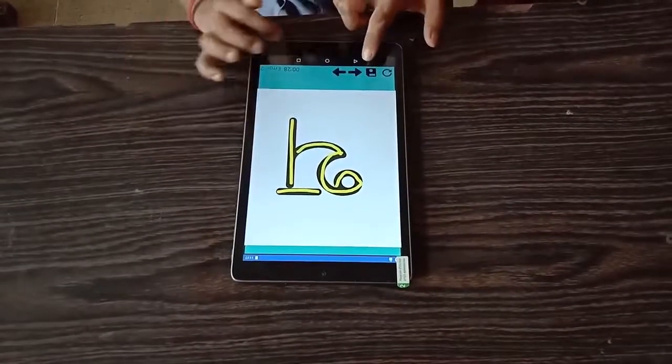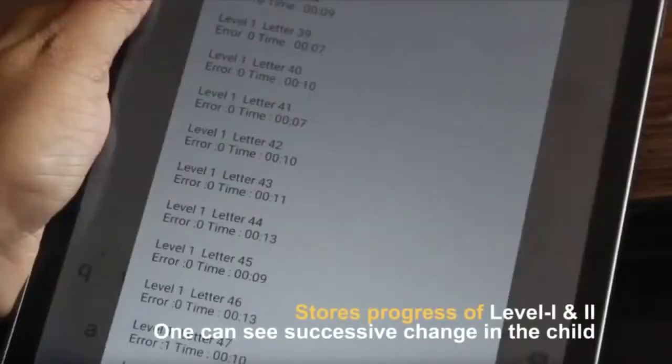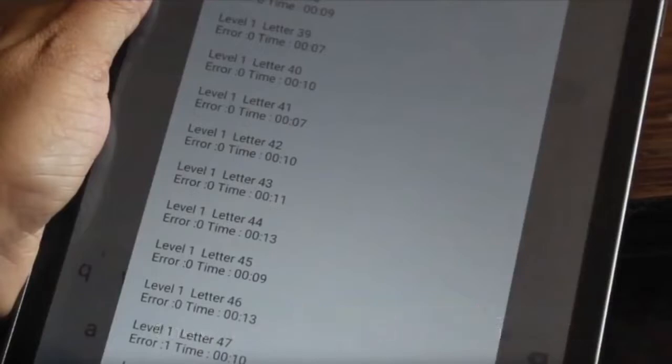At the back end, the system records this as an error. As many times as the child crosses the defined boundary of any tracing task, this is computed as an error, and the total time taken for this task is also recorded at the back end.